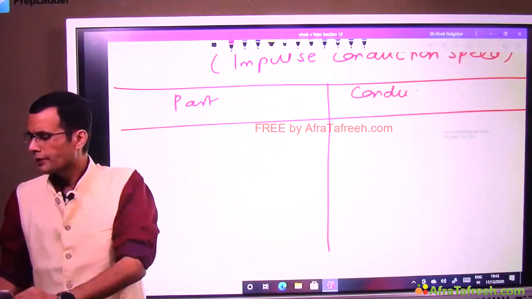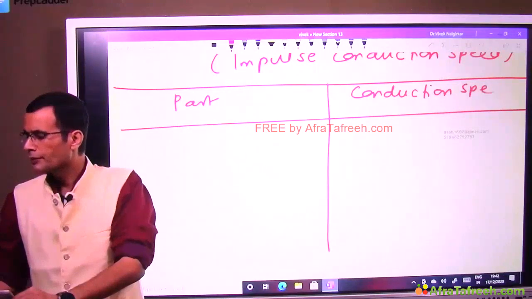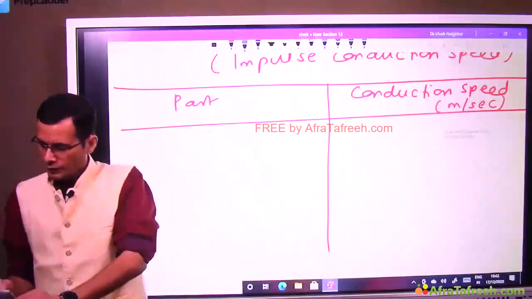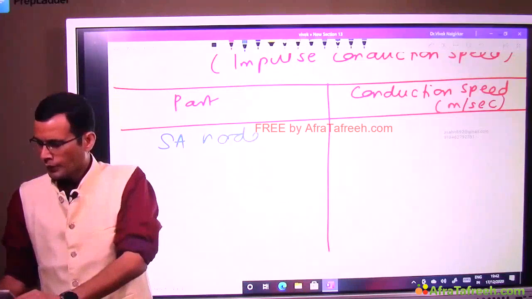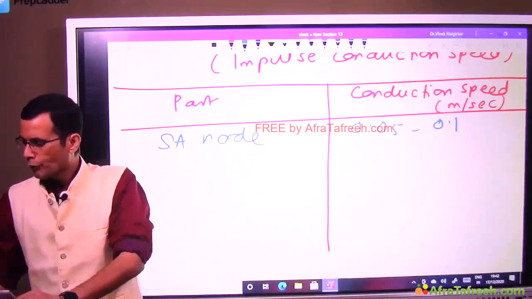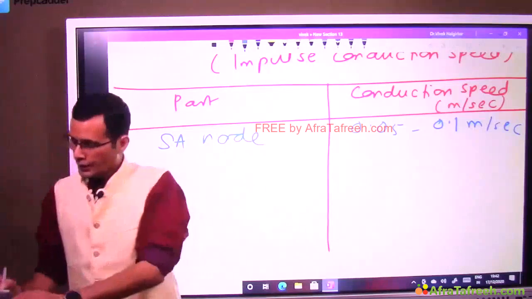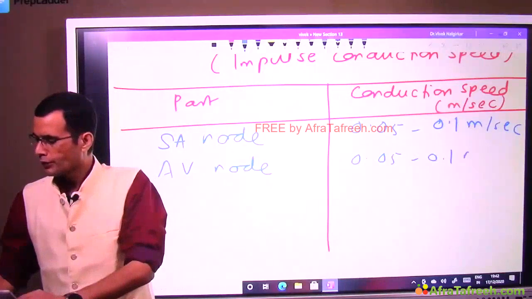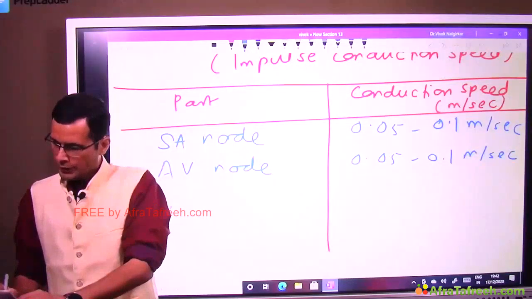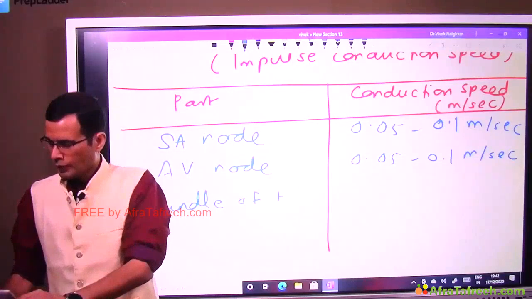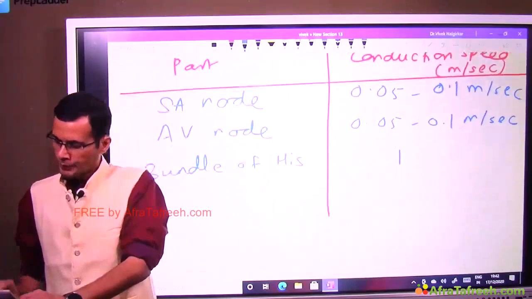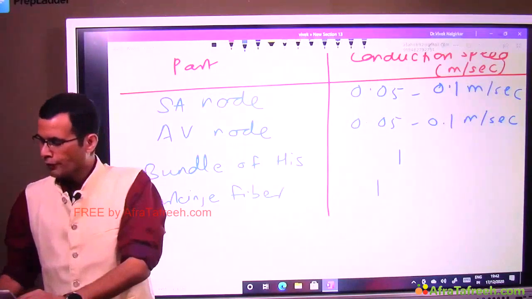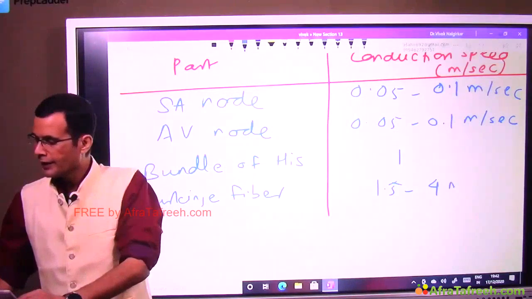Let's see the part and conduction speed. In meters per second, we will see the conduction speeds of various parts. SA node 0.05 to 0.1, AV node 0.05 to 0.1, bundle of His 1 meter per second, and Purkinje fiber 1.5 to 4 meters per second.